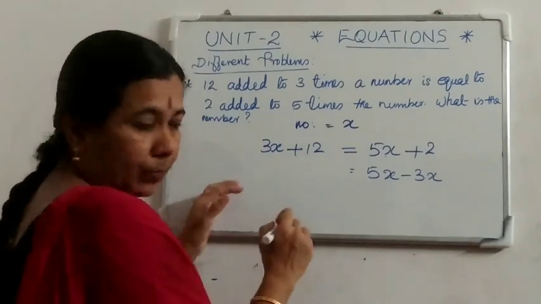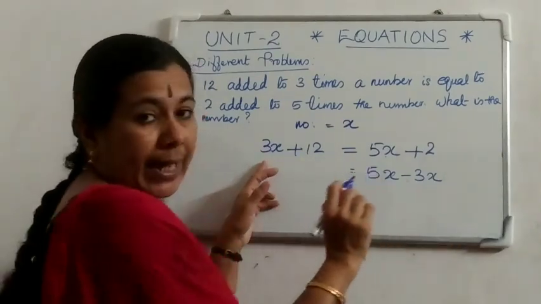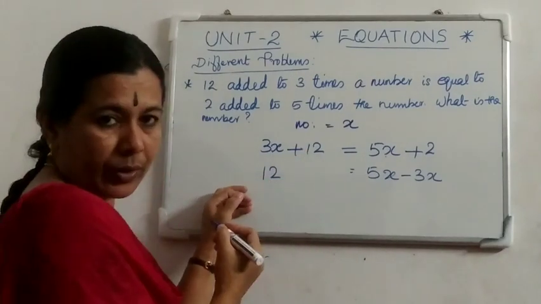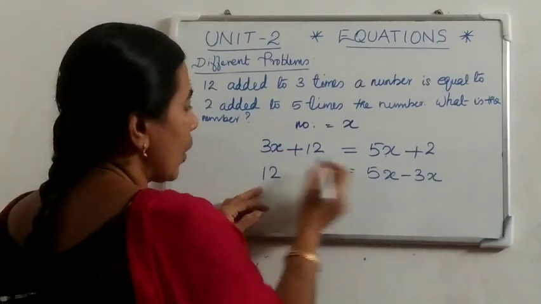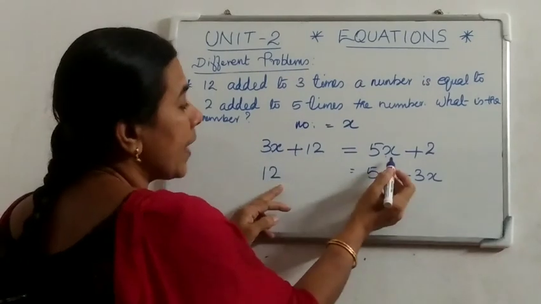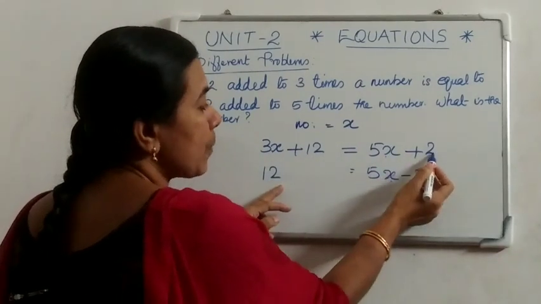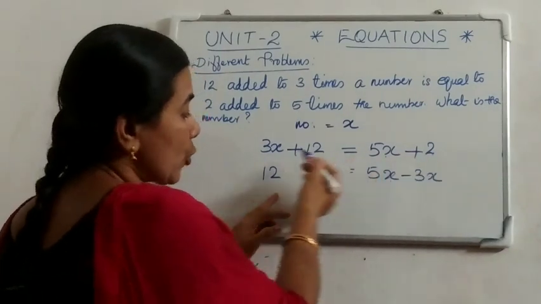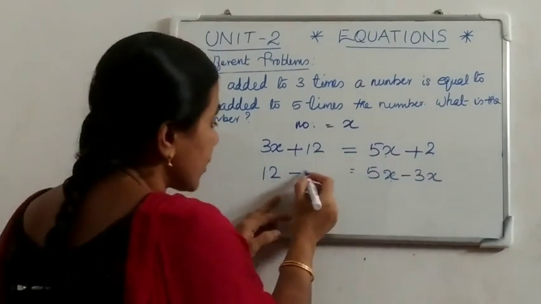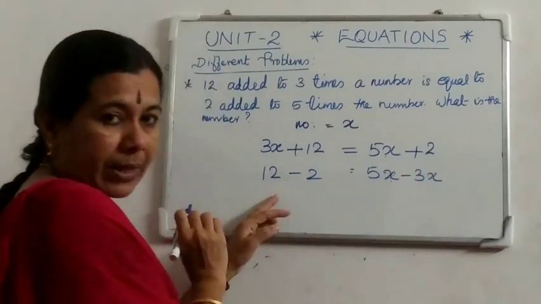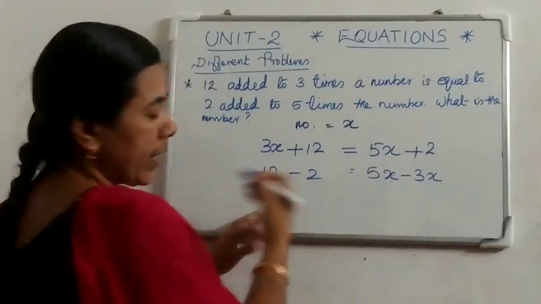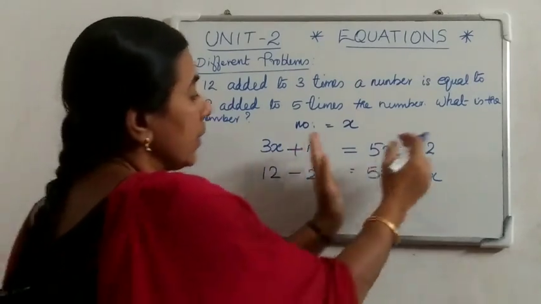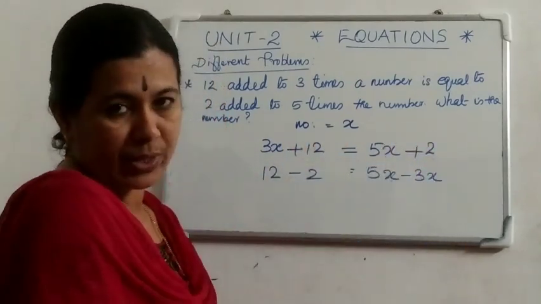On the left side, 3x went to the right side, and the remaining number is 12. On the right side, take this plus 2 to the left side as minus 2. Plus changes to minus. Now the numbers are on one side and variables are on the other side.